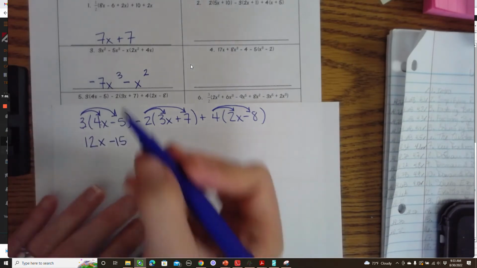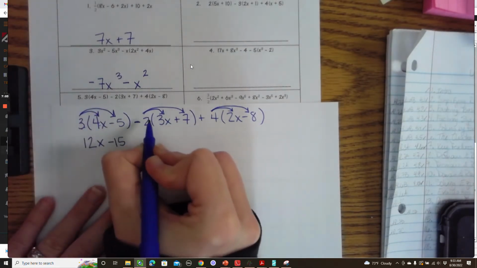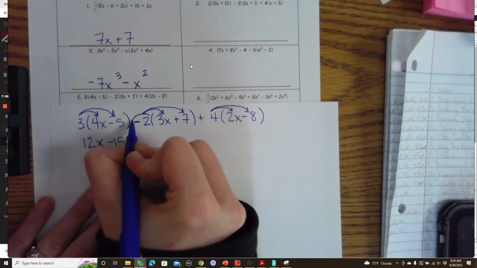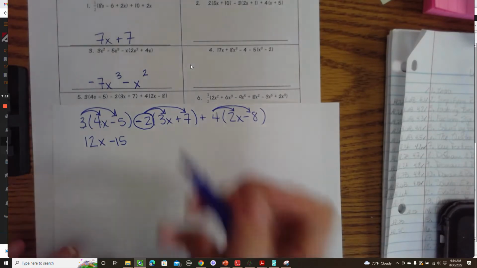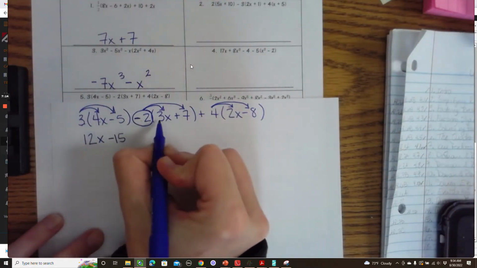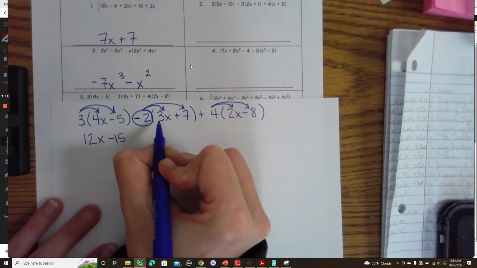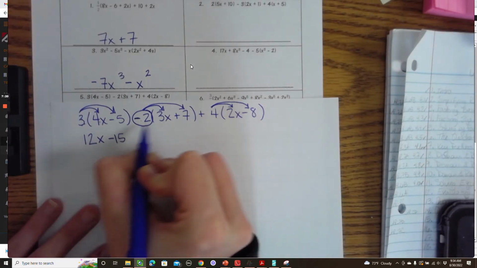All right, biggest mistake. See how this is a minus 2, but remember what I told you about those signs. You kind of got to lump them together. We're going to treat that like a negative 2. We're going to distribute a negative 2. So negative 2 times 3x. Negative 6x. Multiply them.